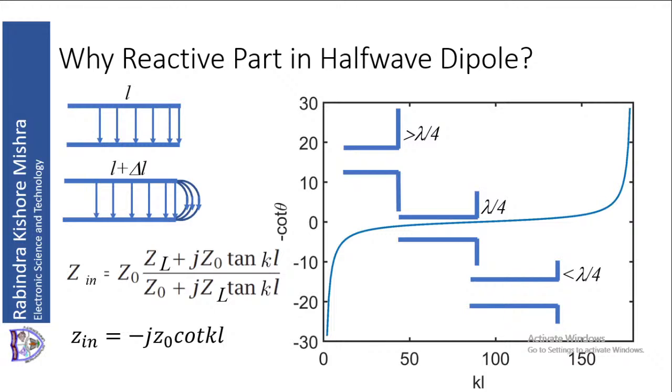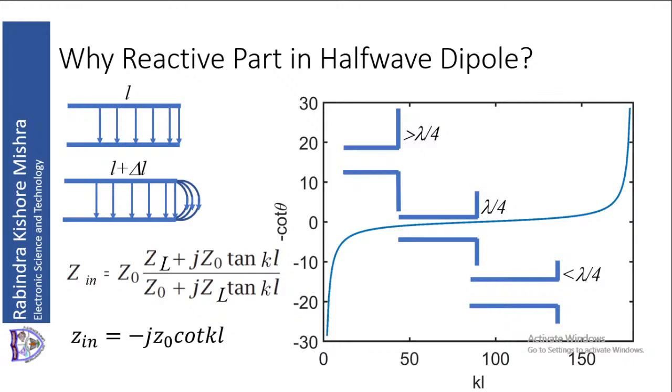If we take L plus D to be slightly less than lambda by 2, then the antenna will be purely resonating, because L is the length of the antenna, the length of the current, plus D is the path around the conductor.